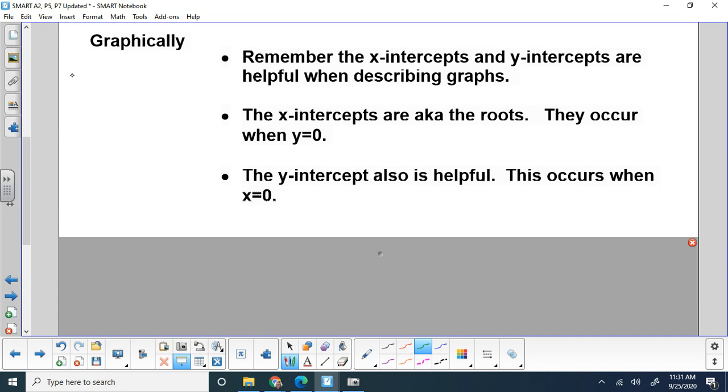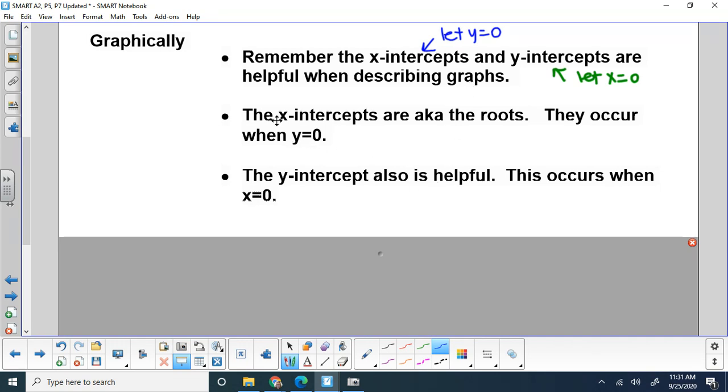For example, to find the y-intercept, you're going to let x equal 0. And to find the x-intercept, you're going to let y equal 0. So those are two quick little tips I can give you now. If you're not able to see it on the graph, that's how you can work with it algebraically.